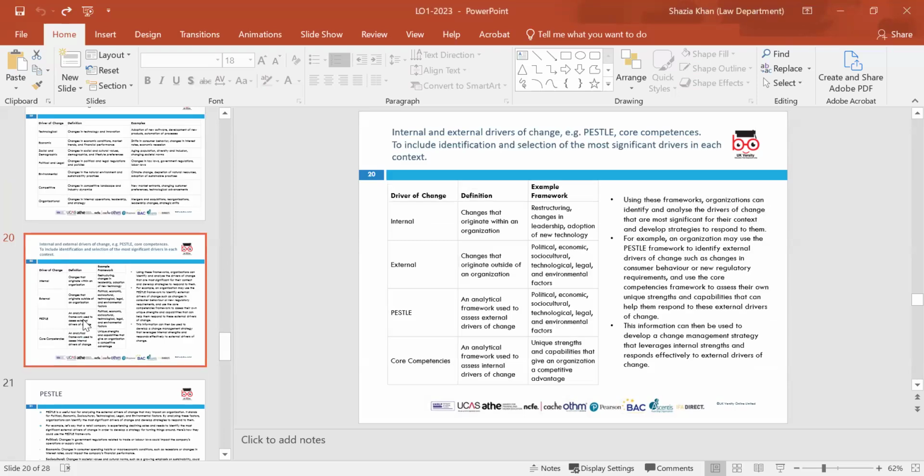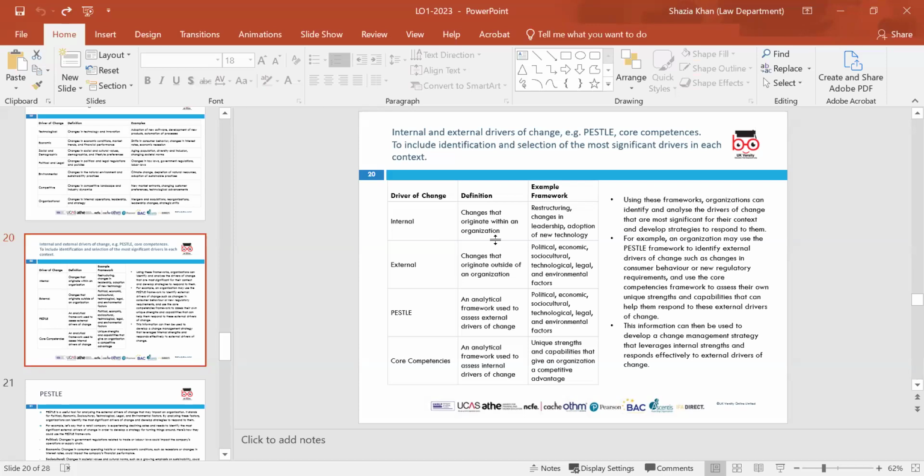We've got internal and external drivers of change, and PESTLE and core competencies to include identification and selection of the most significant drivers in the context. So you've got internal ones, which are changes that originate within the organization. And you then have external ones, which are changes outside of the organization.